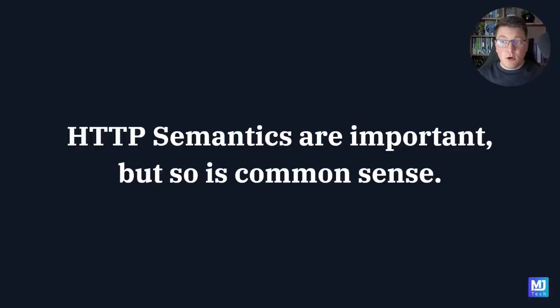So this was a pretty broad discussion about HTTP status codes, and I want to finish this by saying that yes, HTTP semantics are important, but so is common sense. And I think I explained this nicely with the examples of returning a 422 Unprocessable Content versus using a 400 Bad Request for the same type of error. In either case, the request is syntactically correct, the server knows how to accept it, but we aren't able to process the request because of some business rule violation, for example.